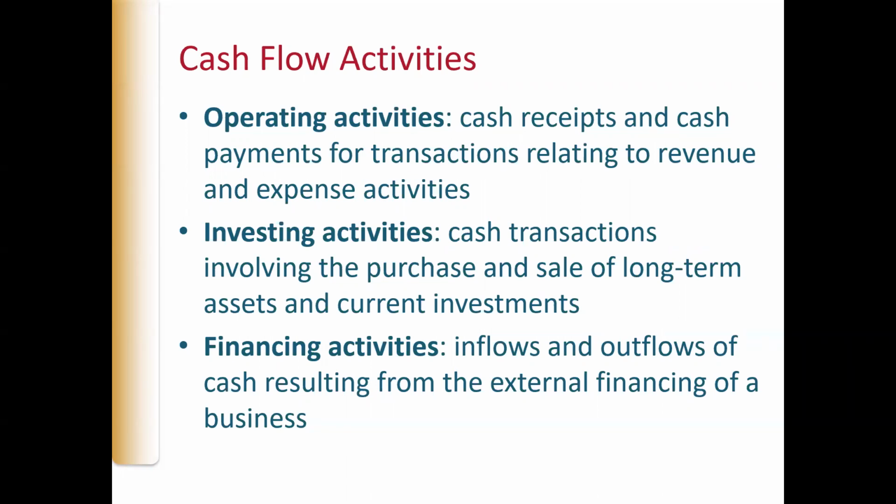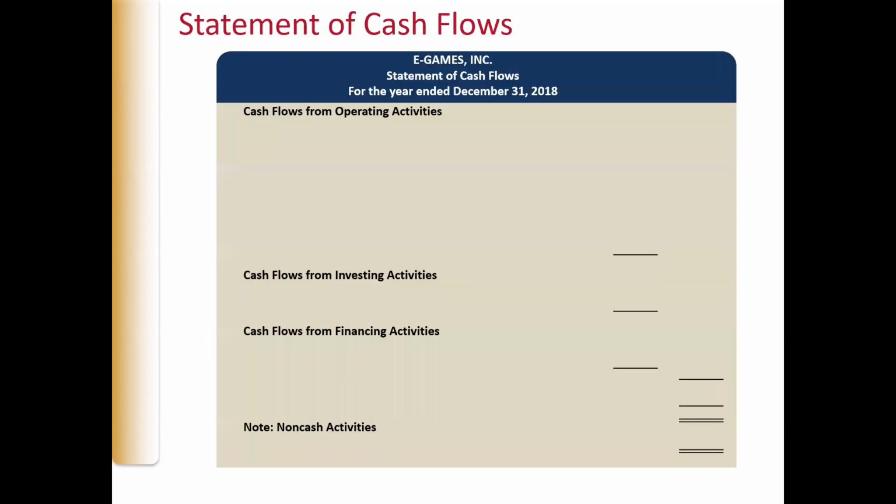That's it. And then financing activities are the inflows and outflows of cash resulting from external financing, taking out loans, paying back loans, and stockholders' equity, the stockholder section, not the retained earnings, but the stockholder section of financing.